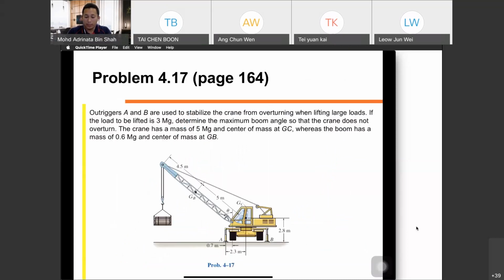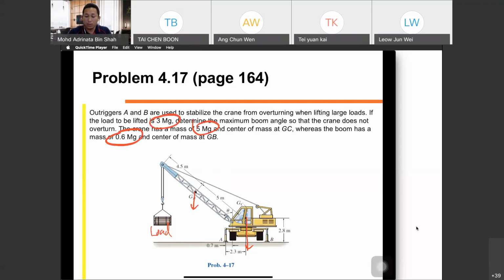And then, okay, so this one, outriggers problem 4.17. Ini nombor 3. Sama juga diberikan kita ada load, untuk ni dan kita ada load untuk ni. Okay. So, bila ada center of gravity, so ada load 5 megagram, 0.6 megagram, 3 megagram.